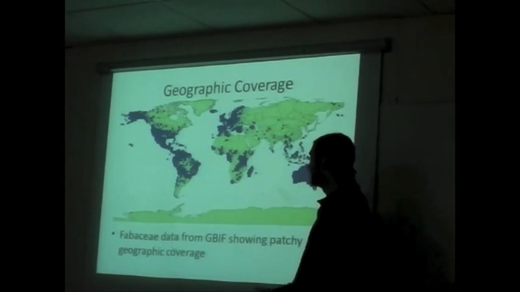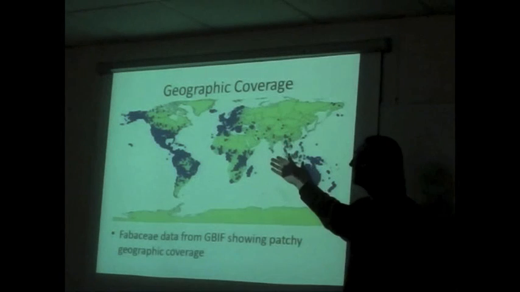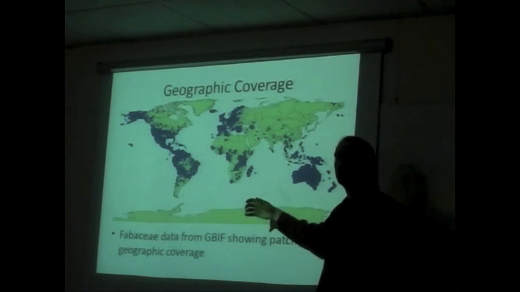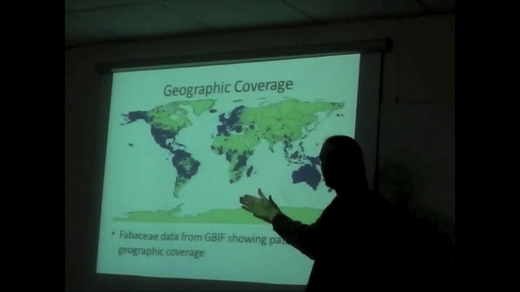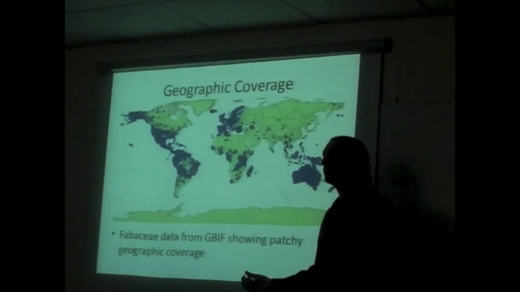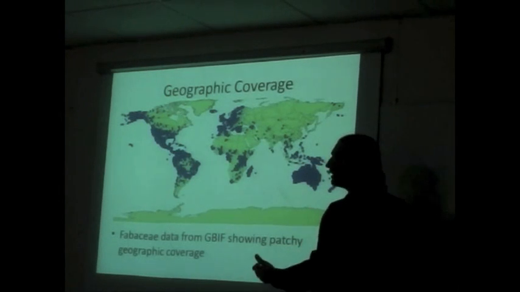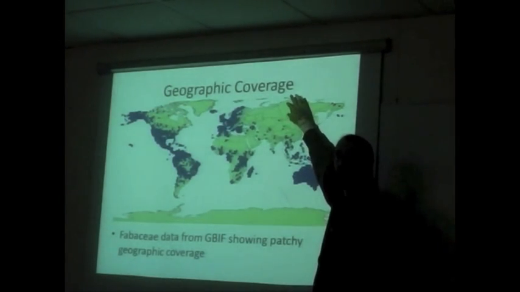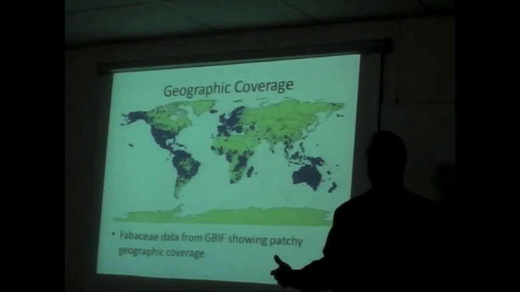That's not right. Okay? We need to understand that there is geographic bias in the collections that we look at, because when we look through museum catalogues or the literature, if we do not find records in certain places, that does not mean that they're not there.